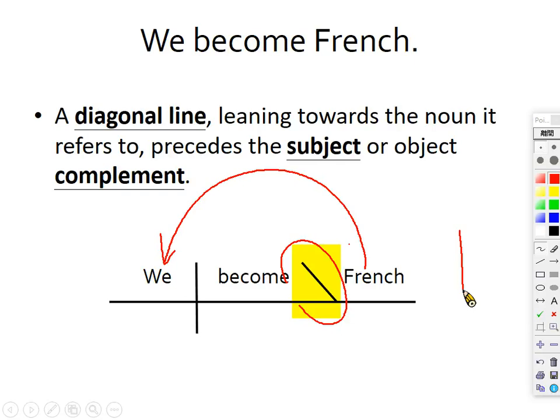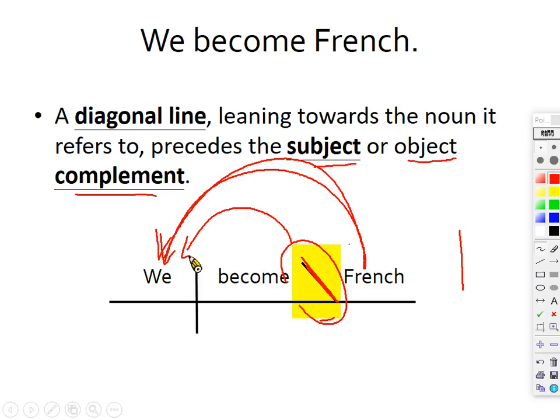But how about when it is not the object? It is the subject complement or an object complement. Then we use a diagonal. It is not divided by become and French. It is used to be equal to we. Okay, so it's like an artillery here.